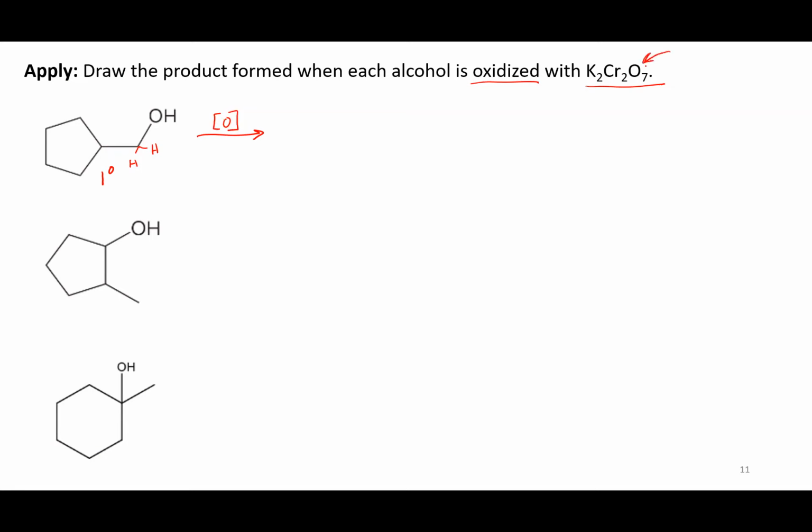In this case, it's going to be this species here, but it doesn't really matter as long as I let you know that this is an oxidizing agent. So what's going to happen is I can remove this hydrogen and then remove one of the hydrogens here so that I can create a double bond there, which will leave me with an aldehyde and then the remaining hydrogen here.